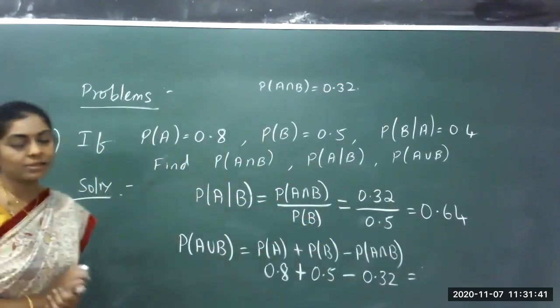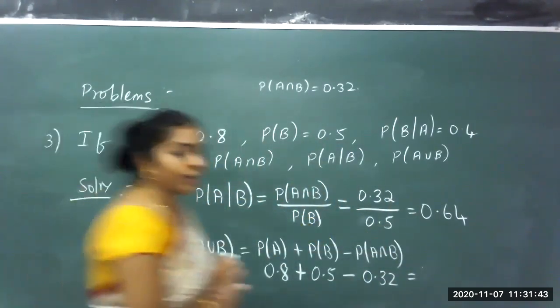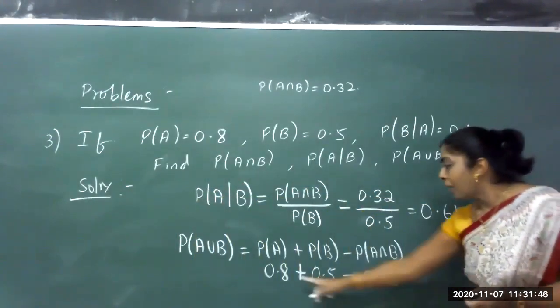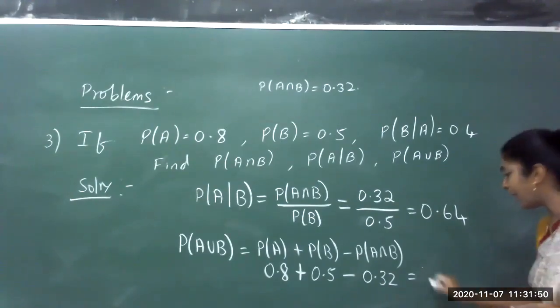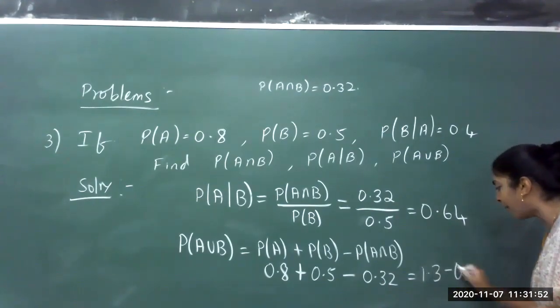Try to evaluate this. If I rearrange this, what do I get? 0.8 plus 0.5, I will add up first. If I add that up, I get 1.3 minus 0.32.